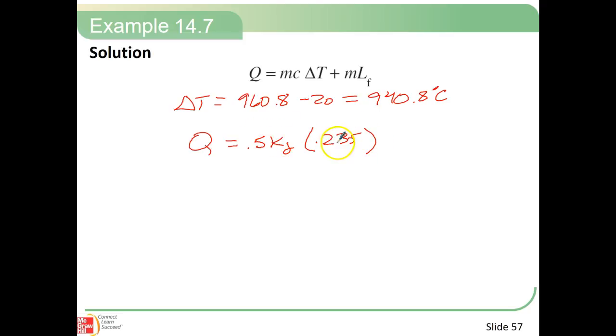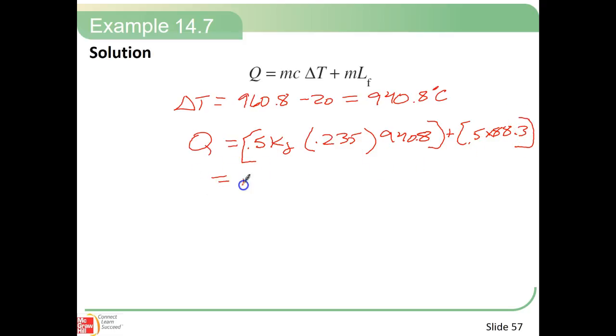So there's my mc delta T, which is 940.8, sorry. And I'm going to take that and add it to my m L_f, which is going to be 0.5 times 88.3.